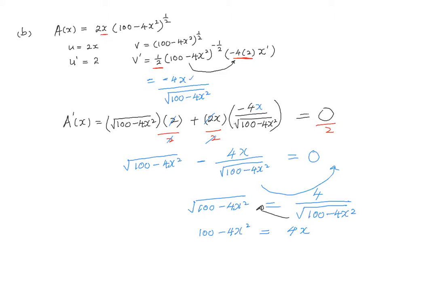So you see, you have to be very careful. So I have 4x squared minus 4x minus 25. 4x squared plus 4x minus 100 equal to 0. So I divide by 4, I got x squared plus x minus 25 equal to 0.